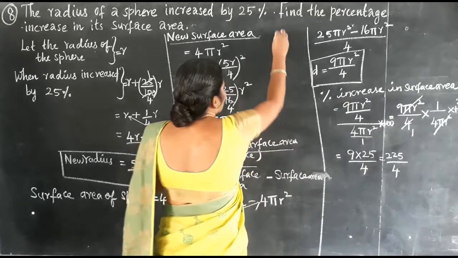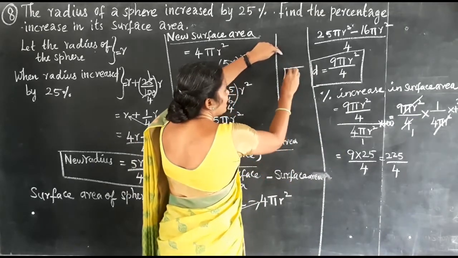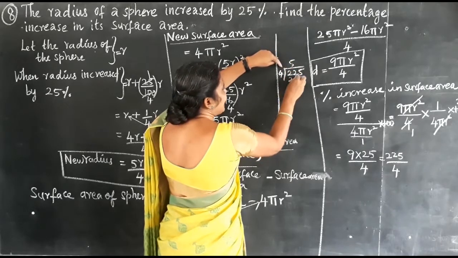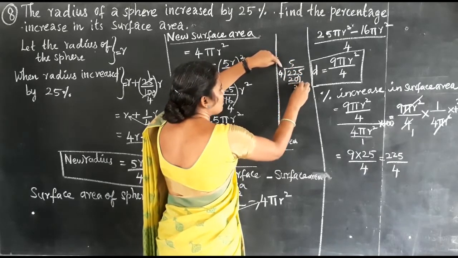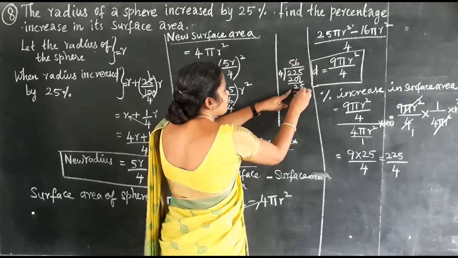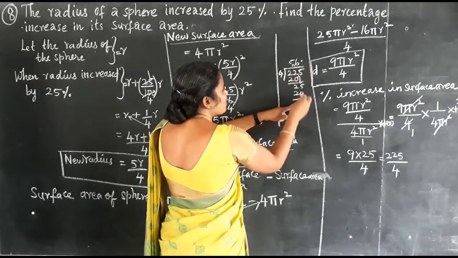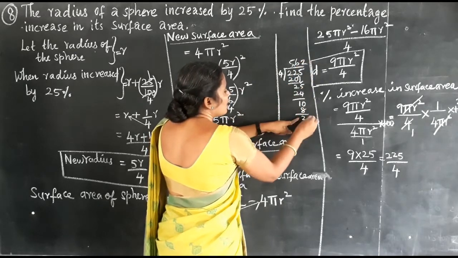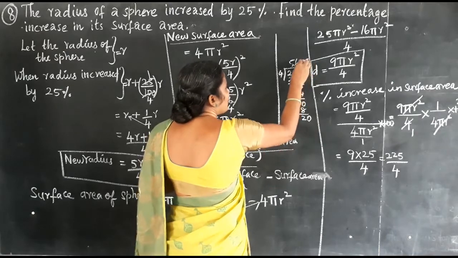Okay, now 225 divided by 4. 5 4s are 20, remaining 2. Next digit 5. 6 4s are 24, remaining 1. Keep decimal, add 0. 4 2s are 8, remaining 2. 0, 5 4s are 20.